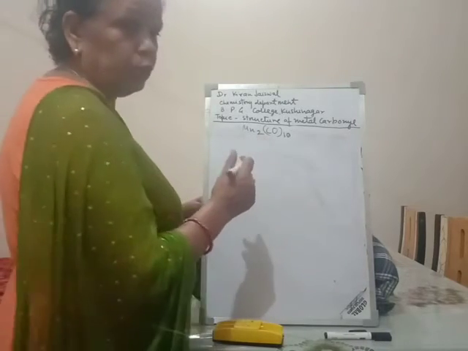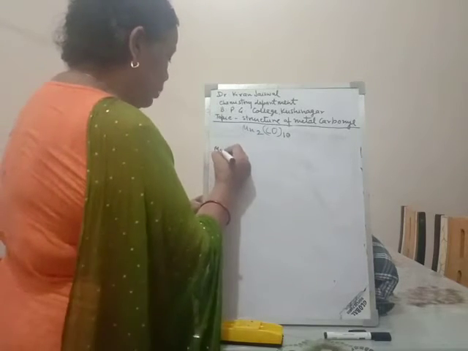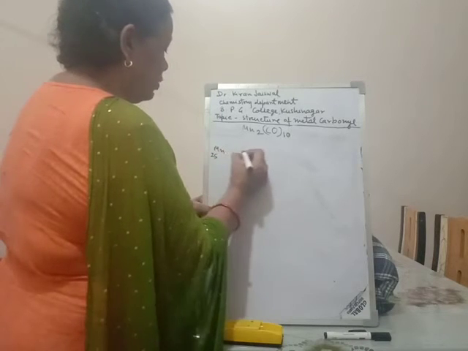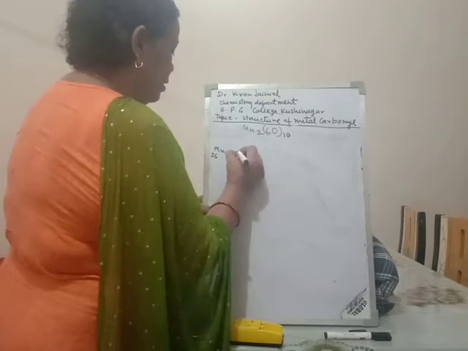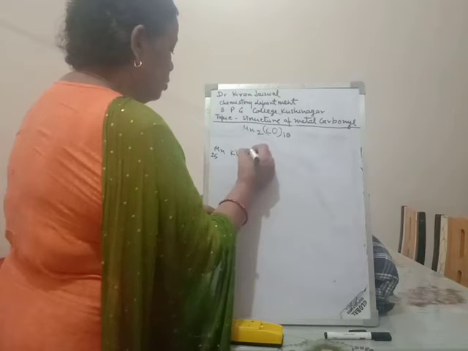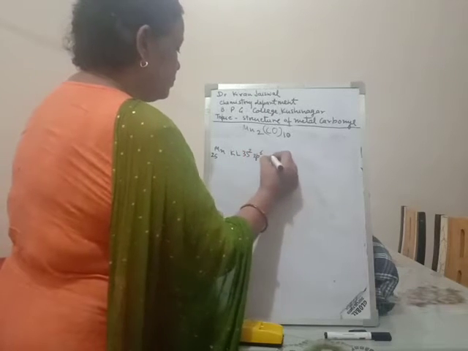In this case, the hybridization is d2sp3. For example, manganese has atomic number 25.